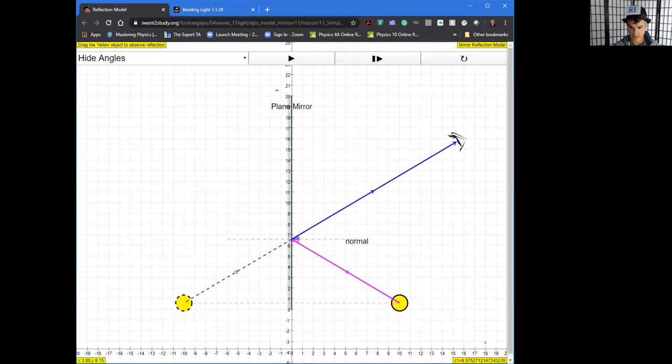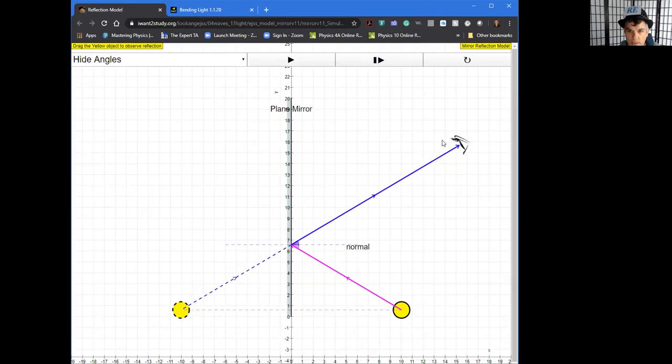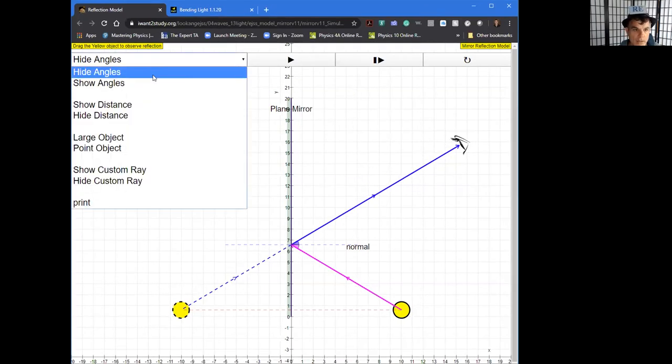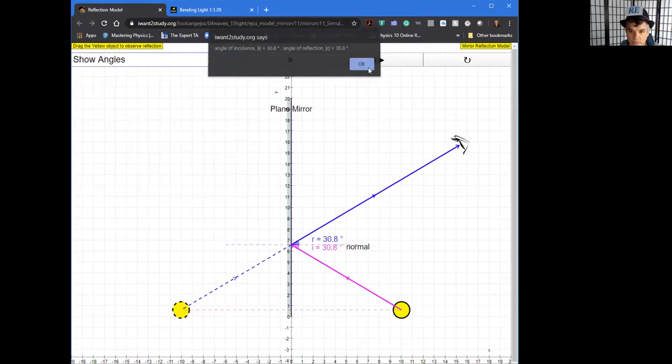I can't draw on this, but this angle right here between the normal and the incoming light, that's the angle of incidence. This angle right here, the angle between the normal and the outgoing light, the reflected light, that's the angle of reflection. And let's see if I can show these angles. Okay.